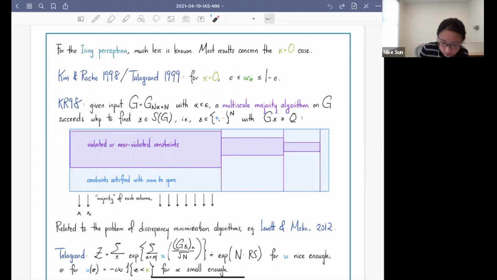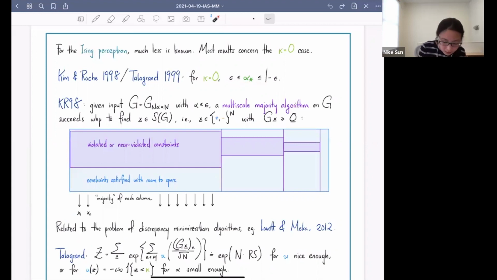So first, for kappa equals 0, for the Ising perceptron, it was proved in the late 90s that the critical alpha is strictly away from 0 and 1. I will show in a moment that 1 is a trivial upper bound in this case, but they showed that it's strictly away from that.